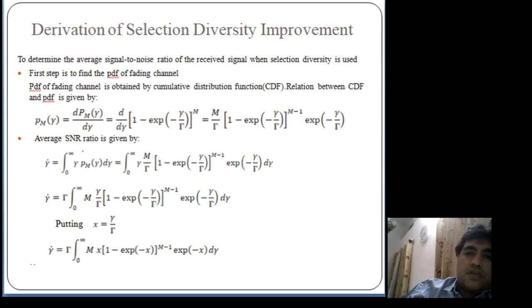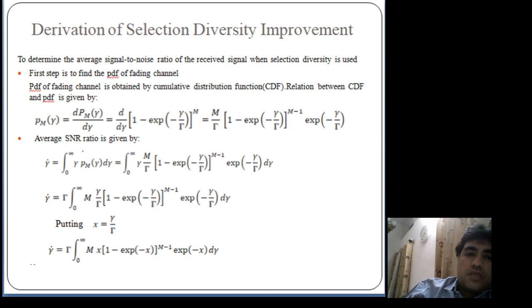So by doing this, we'll get m by mean, bracket 1 minus exponent minus threshold by mean to the power m minus 1, exponent minus threshold by mean. So to find the average signal to noise ratio for the received signal when the selection diversity is used, to find this mean, the formula is x f(x) dx. So the mean is given by 0 to infinity, where x here is the threshold, and f(x) here is small p m threshold, d threshold.